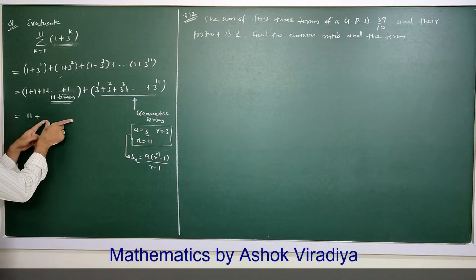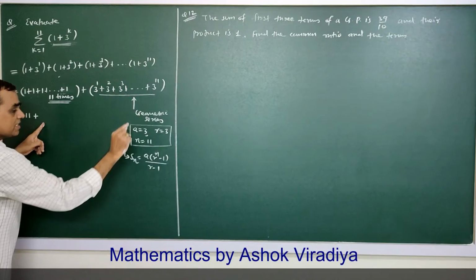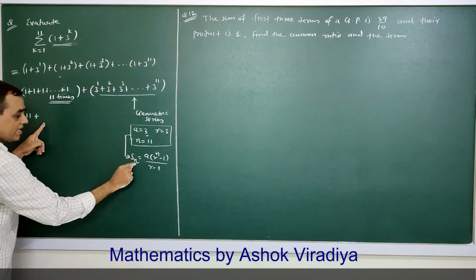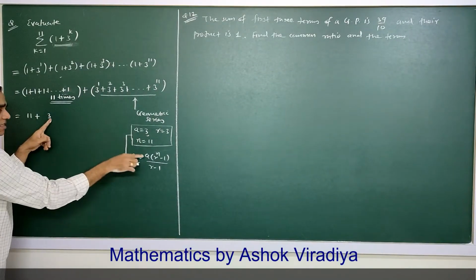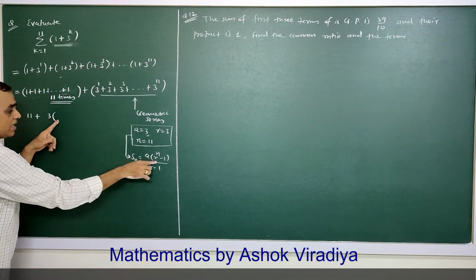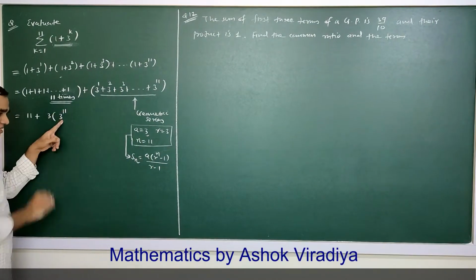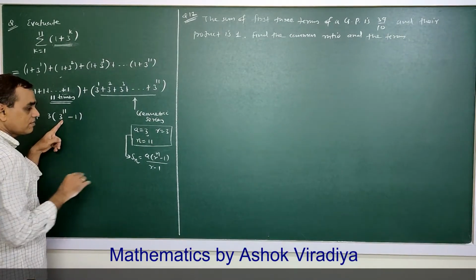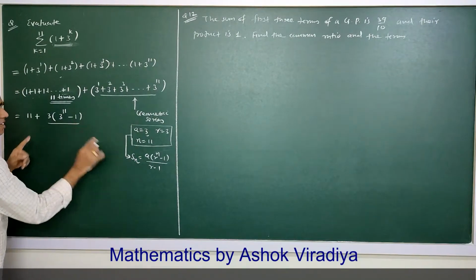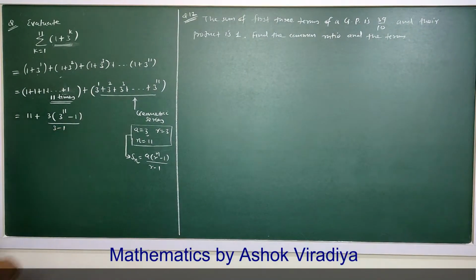So we do it as the second term here. Its value is S11 equal to A is 3 into R is 3, N is 11, minus 1 upon R minus 1, so 3 minus 1.